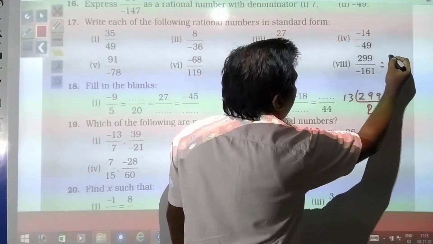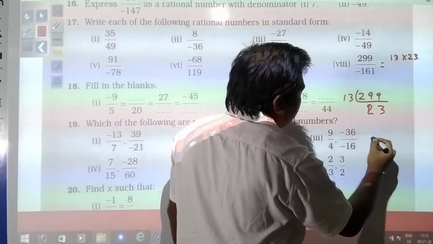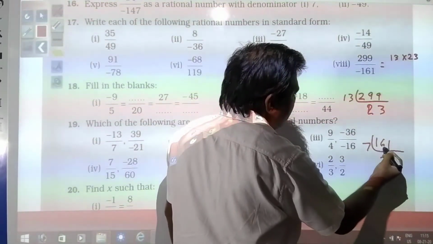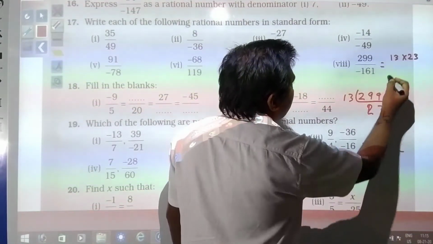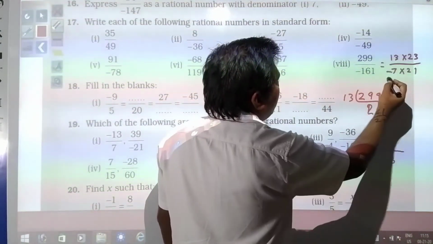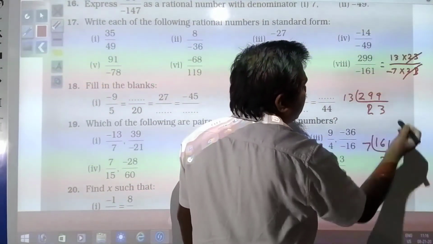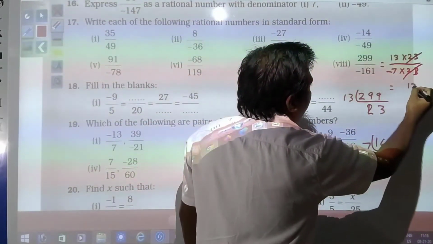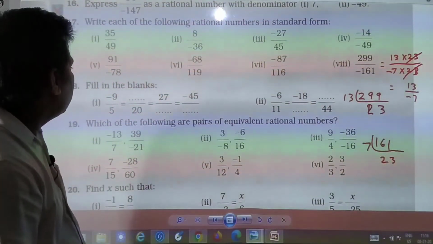So it will be 13 into 23, and 161 you have, this is required to be divided. So 7 2s are 14, and 7 3s are 21. So it will be 7 into 23, minus will be there. So 23 and 23 got cancelled, and your answer will be 13 by minus 7 or minus 13 by 7 also you can write, that will be your answer.